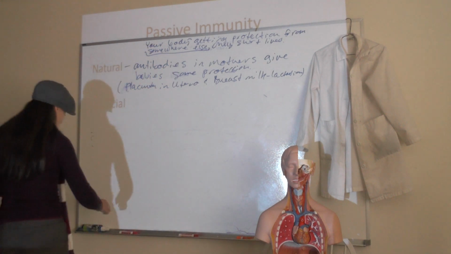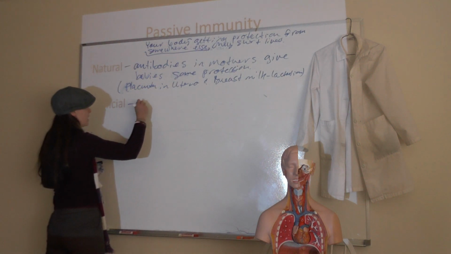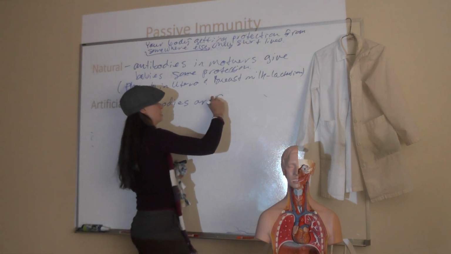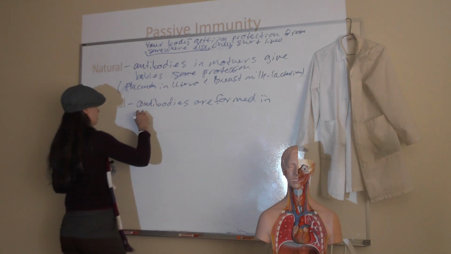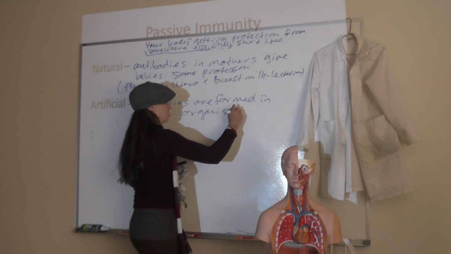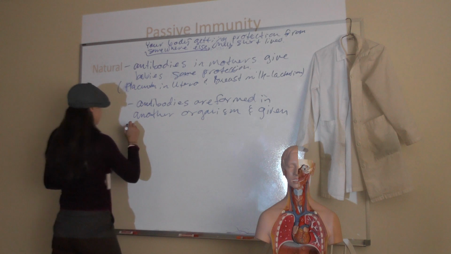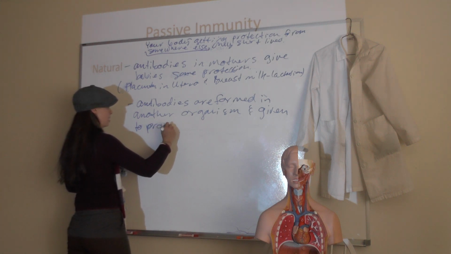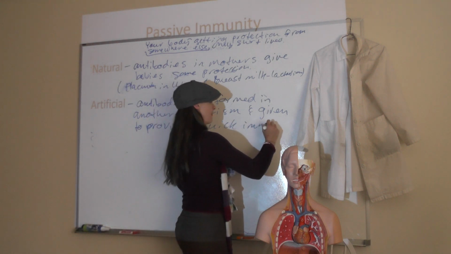So artificial is when antibodies are formed in another organism and given to provide quick immunity.